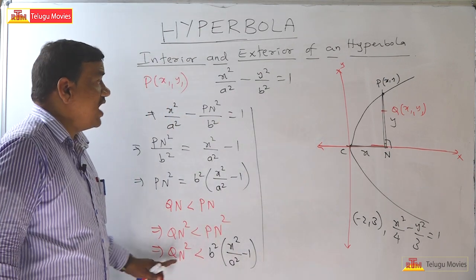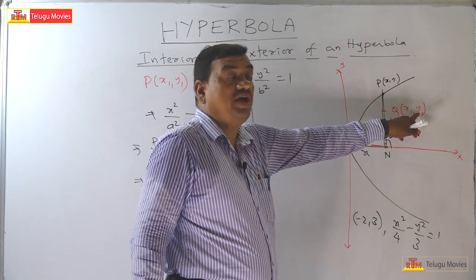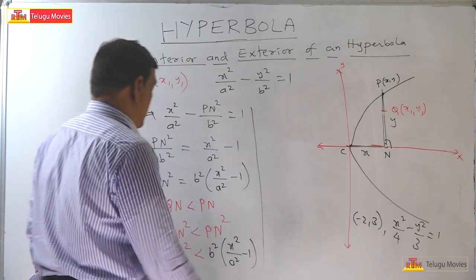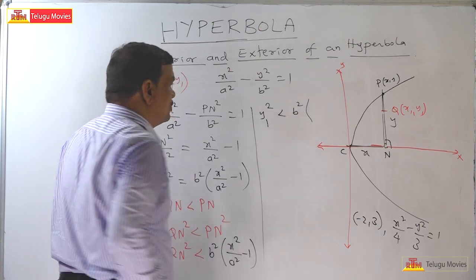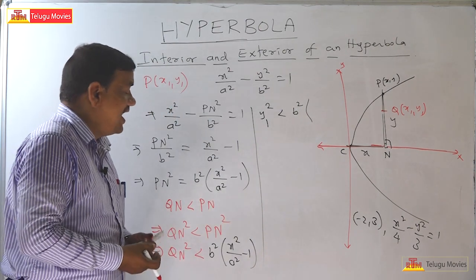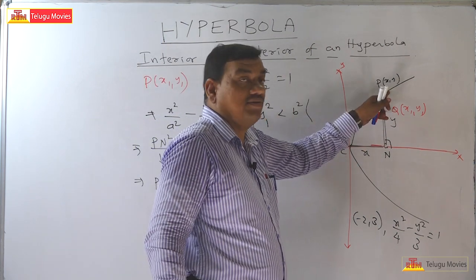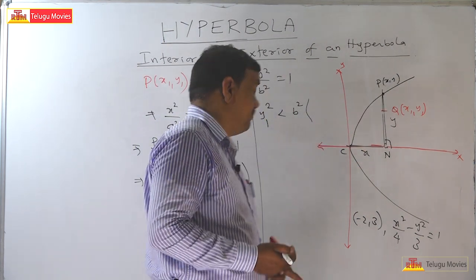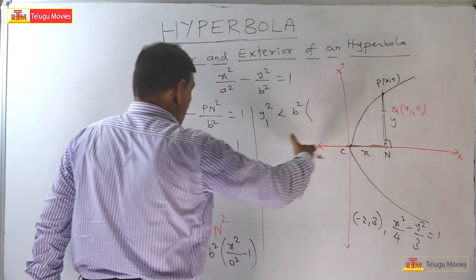What is Qn? Qn is nothing but y1. So y1 square is less than b square into (x1 square by a square minus 1). Why can we replace x with x1?